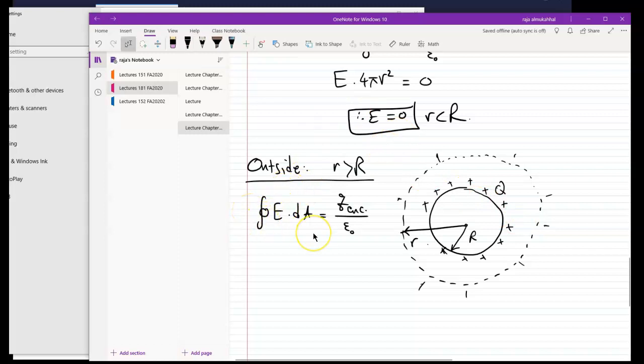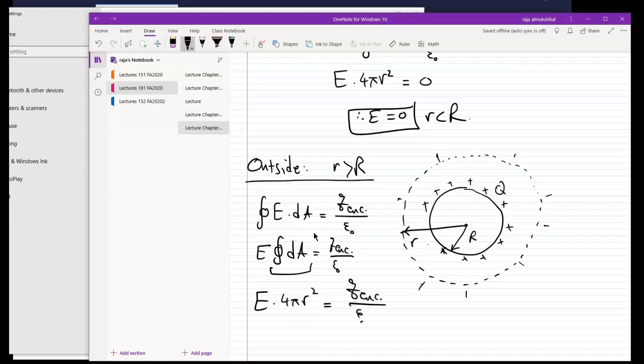Same argument over and over again. I'm left with the integral of dA, and charge enclosed over epsilon naught. This is nothing but the surface area of the Gaussian surface. So that's going to be E times 4 pi r squared equals Q enclosed over epsilon naught.